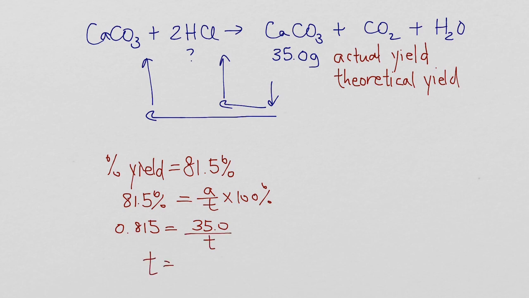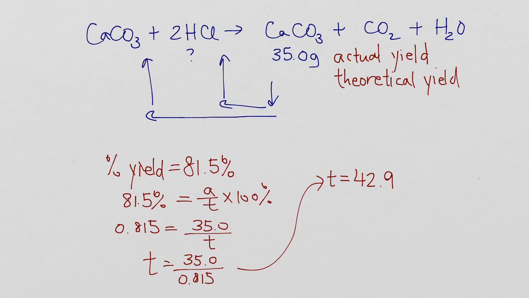So T is equal to 35.0 divided by 0.815. So the theoretical yield is 42, and I'm going to leave a bunch of decimal places just because this is only our first step.